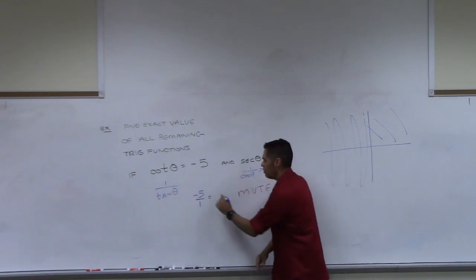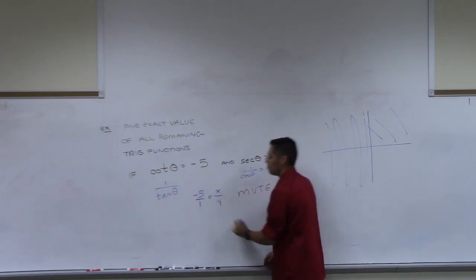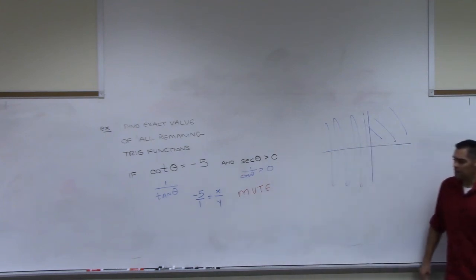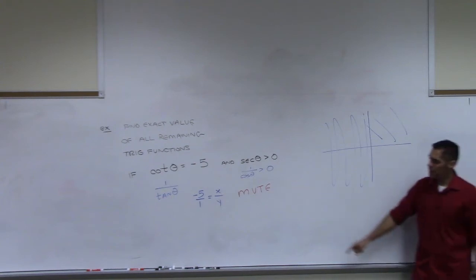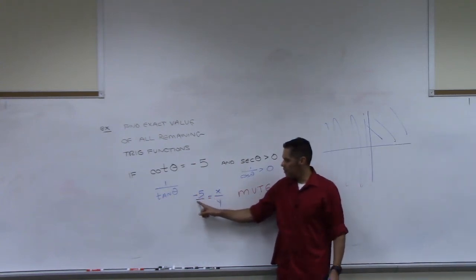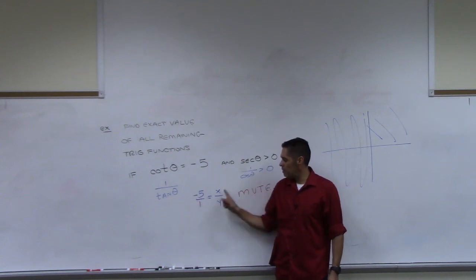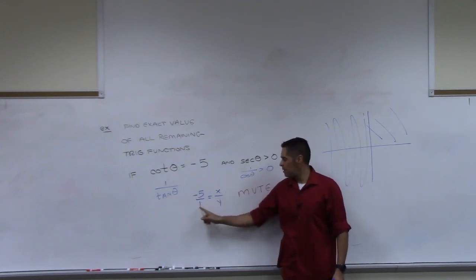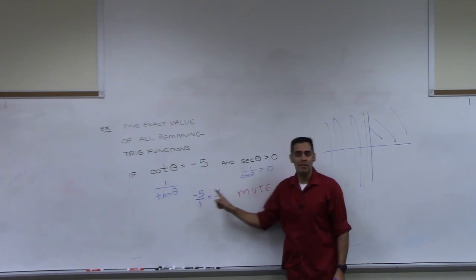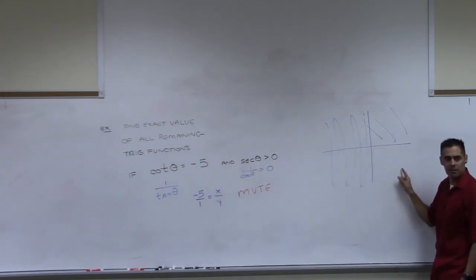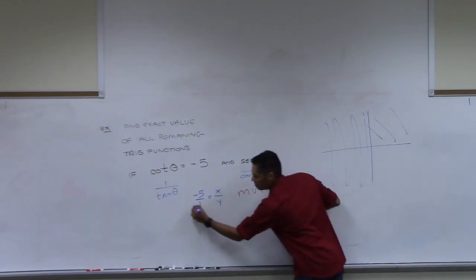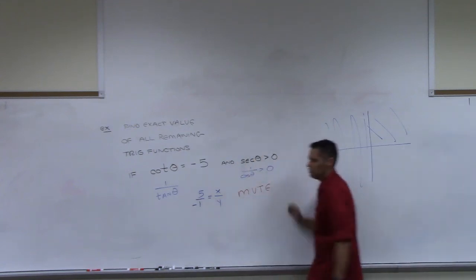Agreed? So this should be x over y. What do I need to now pay attention to? Whether or not that negative is correct. Is the negative on the 5 or the 1? It has to be on the 1 because your x coordinate needs to be positive, right? If we're over here, x has to be positive, y has to be negative. So I need to switch this, make that minus, and make this plus. Are we good?